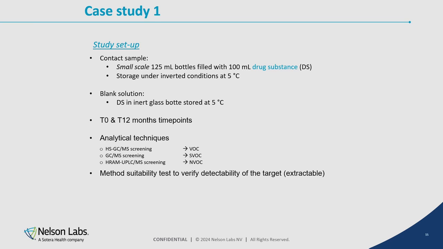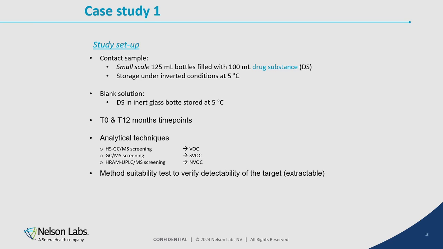And we stored it at 5 degrees C. We took samples at T0 and after 1 year. And the analytical techniques that we included were headspace GCMS, GCMS, and LCMS to screen for organic compounds.